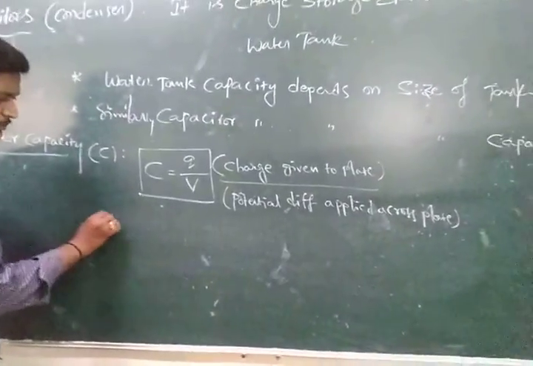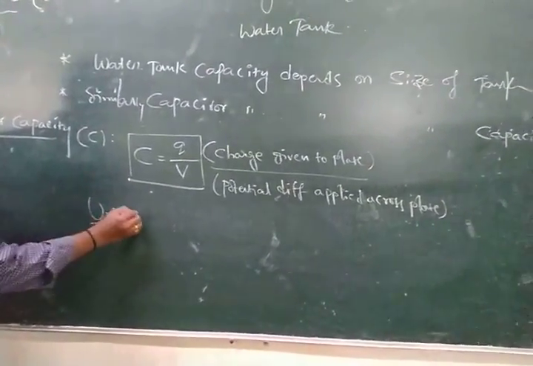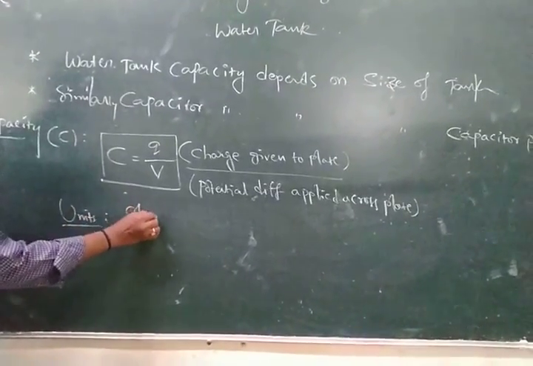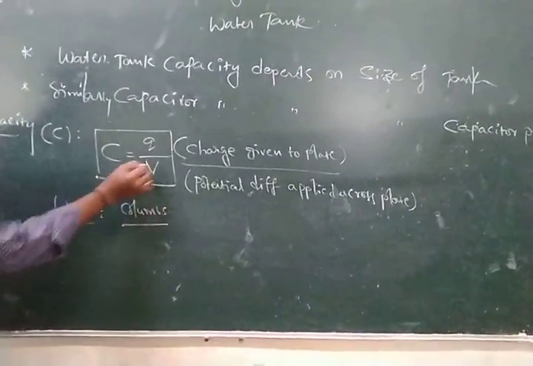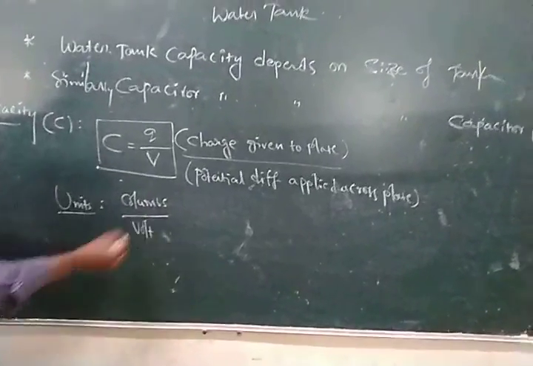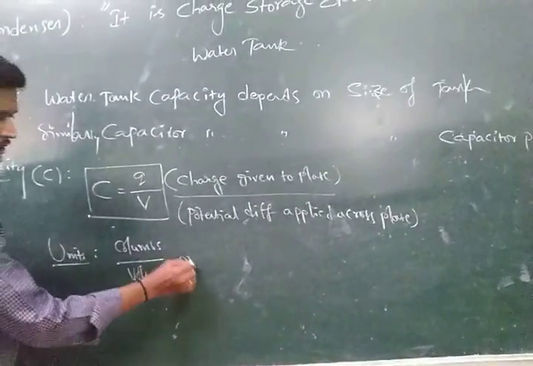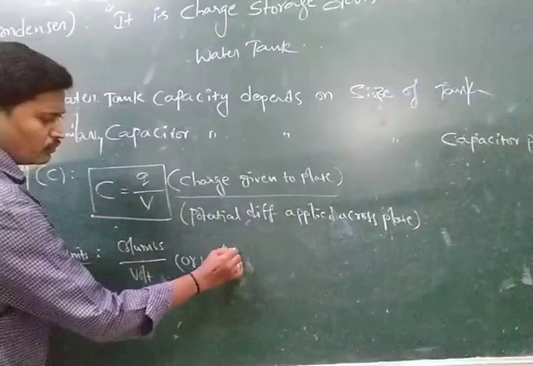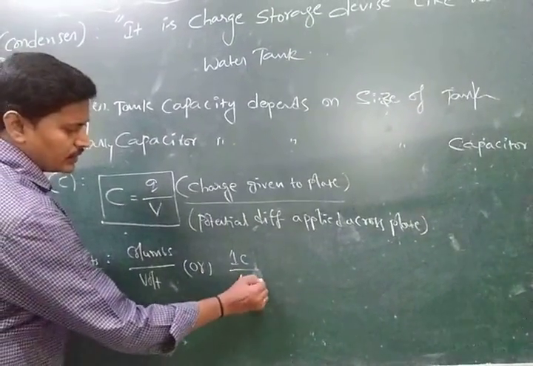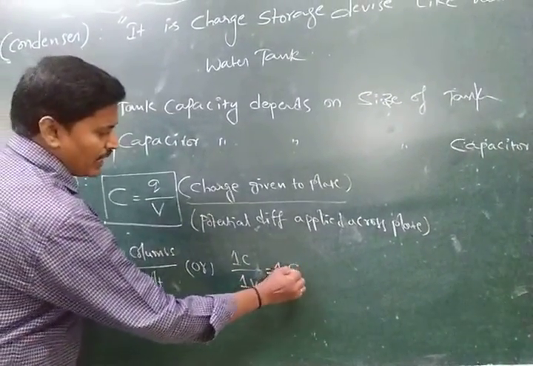Charge is measured in coulombs. Potential is measured in volts. So 1 coulomb for 1 volt is equal to 1 farad.